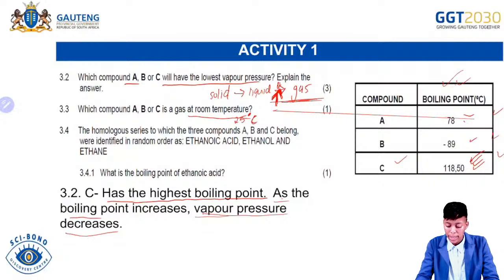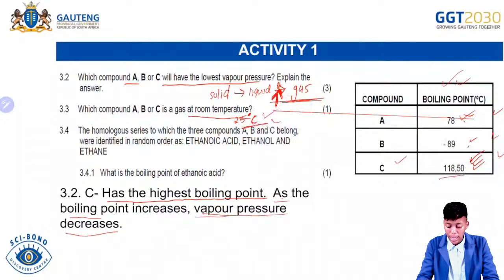Looking at the three, letter A says its boiling point is 78. Looking at this arrow here, it means that 78 is above the 25 that we are looking for. If we look at letter C, the boiling point of letter C is 118.5, which is above the 25 that we are looking for.